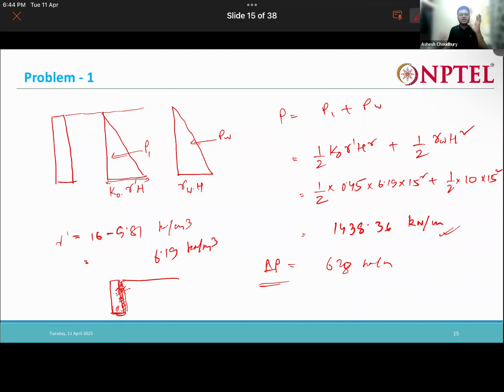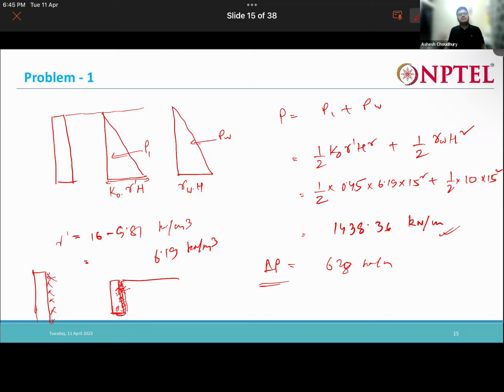So when a retaining wall is constructed, we provide drainage arrangements in terms of weep holes, and we provide some geosynthetic here. One is for filtration. Filtration means only water will pass and the soil particles won't pass. So the geosynthetic material has two functions to satisfy: one is drainage and the second is filter. It is a filter material and a drainage material.